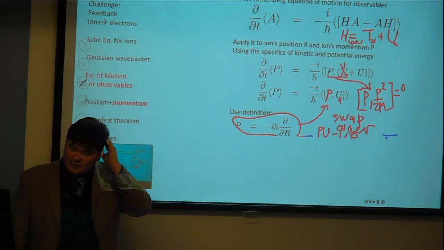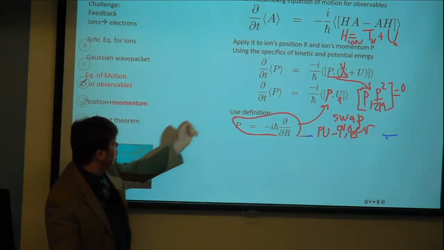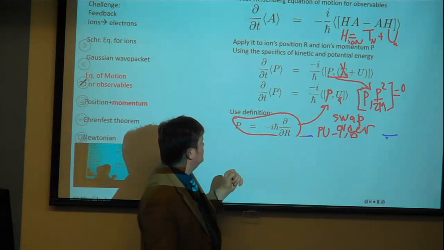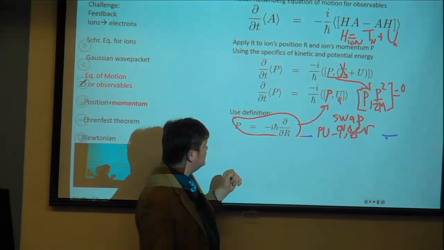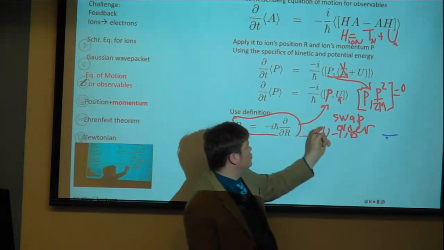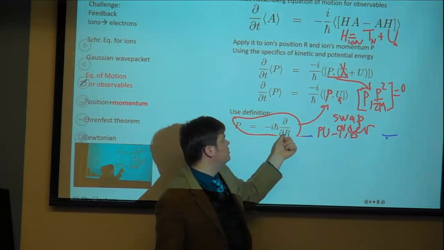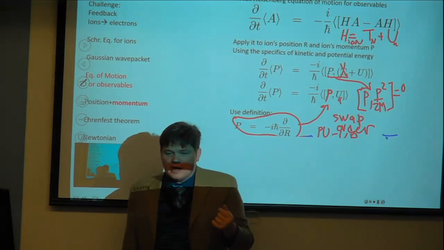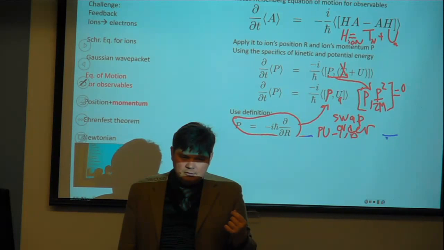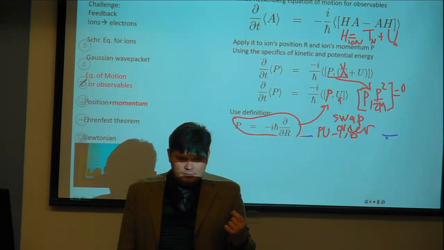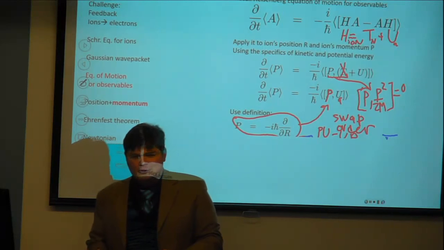When you do the same thing for the momentum, one will find that the result through these commutations will include the gradient of the potential with respect to position, which is force. I do not request you to memorize anything.